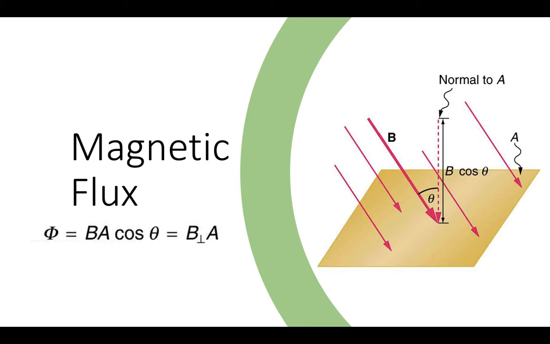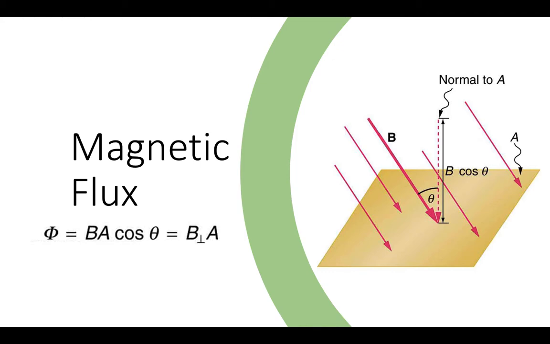So remember, in order to result in a magnetic flux, or in the strongest magnetic flux that you can possibly have, your magnetic field needs to be perpendicular to your cross-sectional area. And the only time your cosine theta component will come into play is when those two are not directly perpendicular to each other.